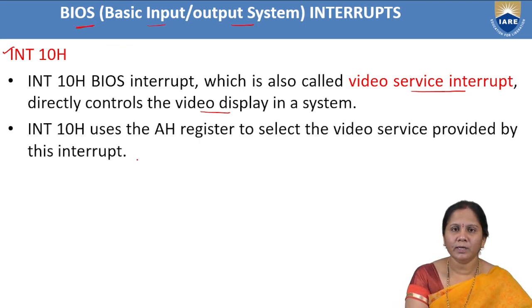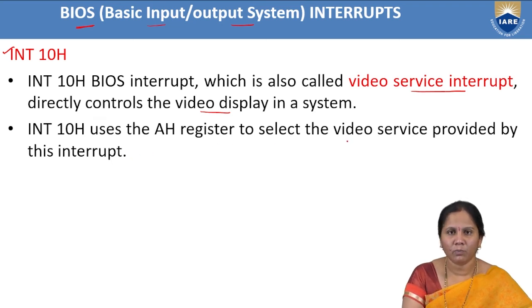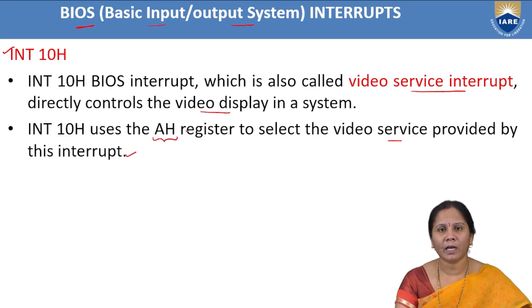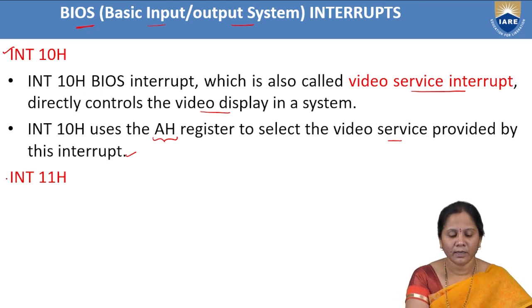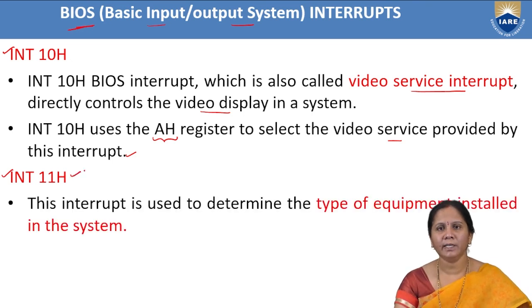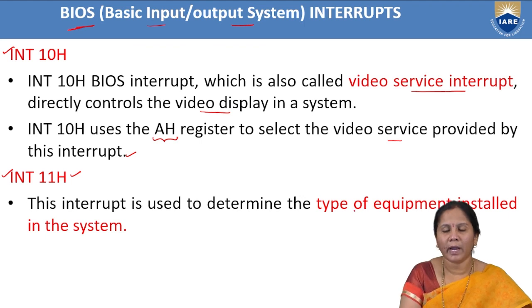In INT10H, the value of the AH register should be selected properly in order to have the video service provided by this interrupt. So in this case also, properly use the value of the AH register. Another interrupt provided by the BIOS is INT11H. This INT11H is used to determine the type of equipment installed in the system.